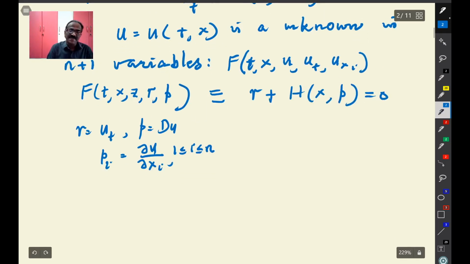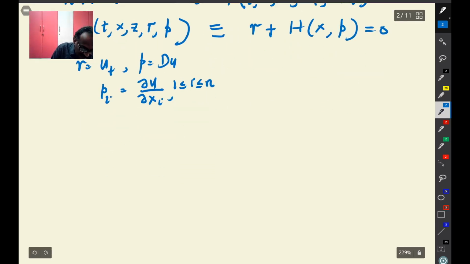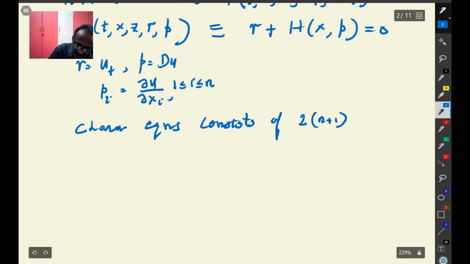Since it's an n plus 1 variable equation, the characteristic equations consist of 2 into (n plus 1) plus 1, equal to 2n plus 3 equations.